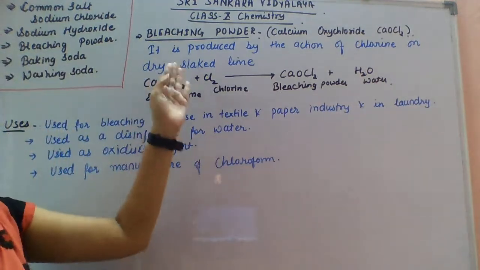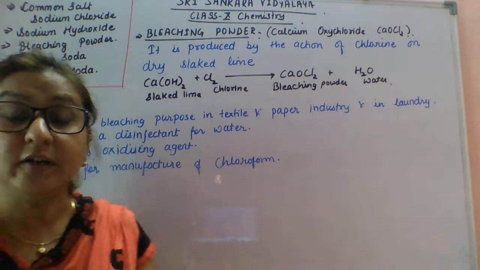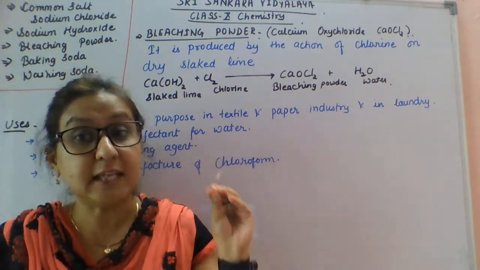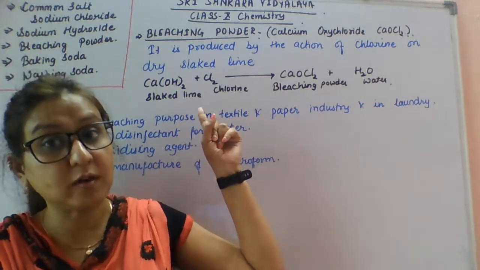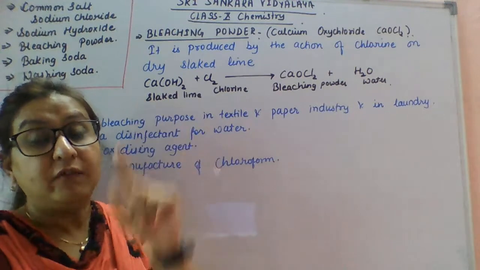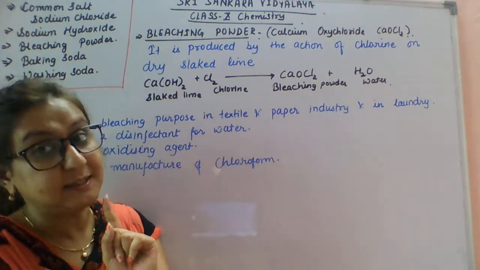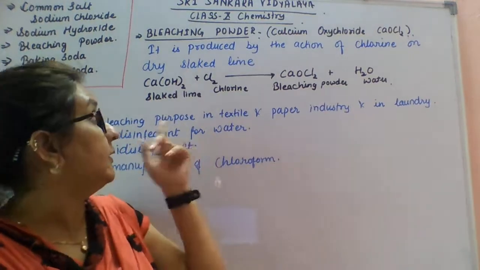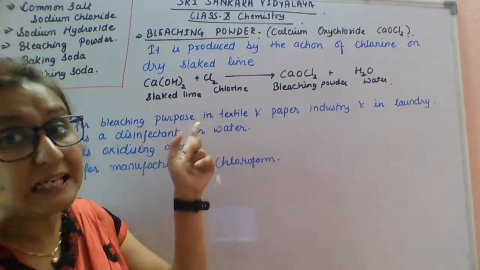It is produced by the action of chlorine on dry slaked lime. Dry slaked lime is nothing but Ca(OH)2, calcium hydroxide. You know how this calcium hydroxide forms: when we mix quicklime, that is CaO, with water H2O, it forms calcium hydroxide, or slaked lime.